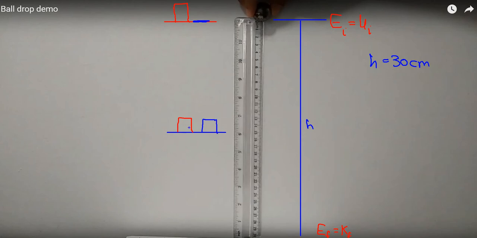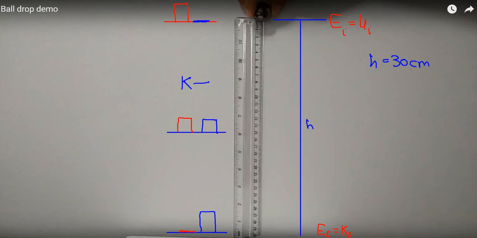And then at the bottom, just before hitting the surface, there's no potential energy, and all of its energy is kinetic energy. After it hits the surface, it's no longer a conservative system. The ball loses energy because of friction, because of sound. So this is how kinetic and potential energy work.